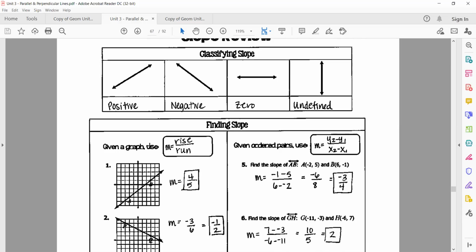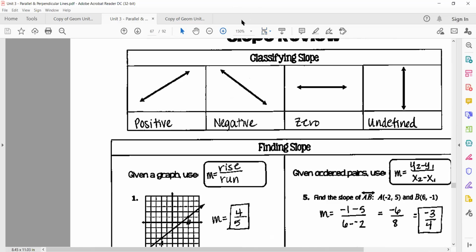Okay. So this first one here on the left says, given a graph, use M equals rise over run. Anytime you see M in any of these equations, we are talking about slope. Rise over run is used when we have a graph.